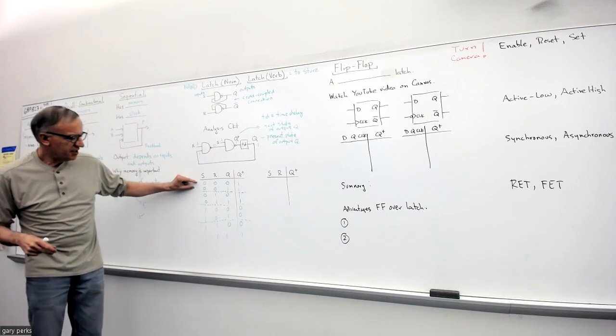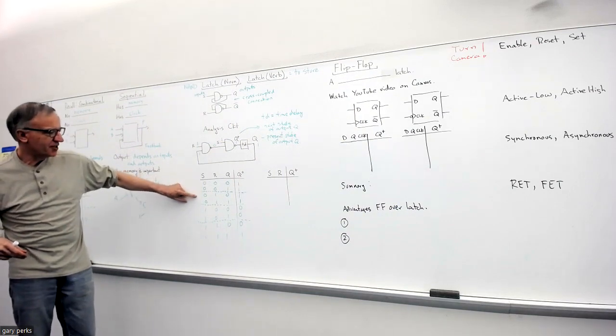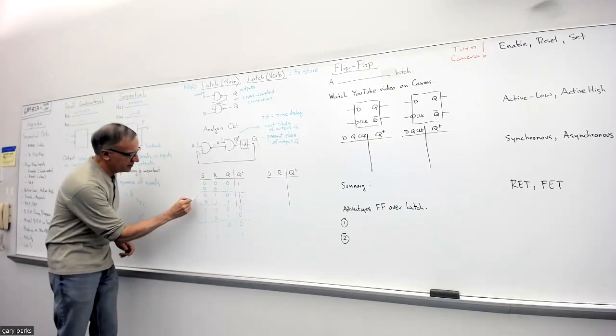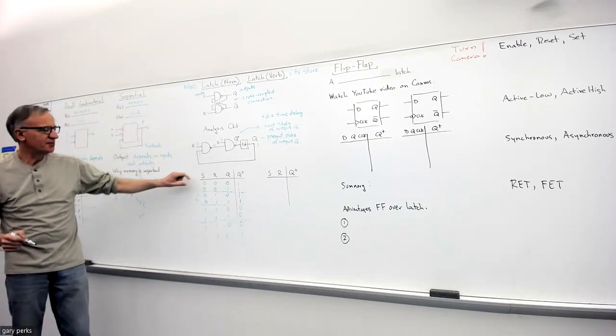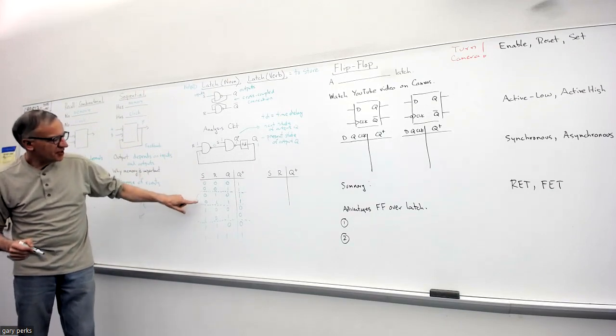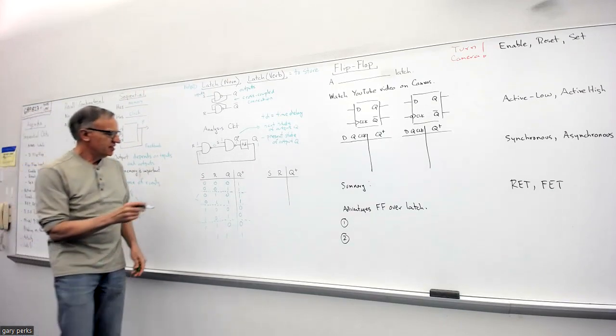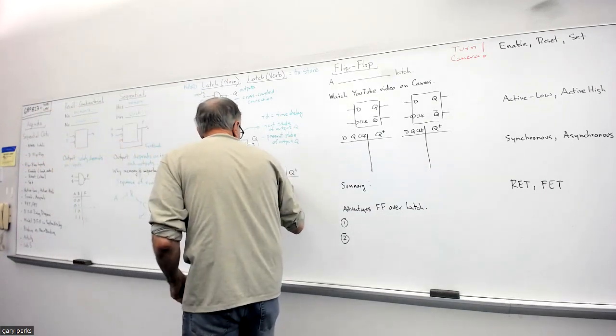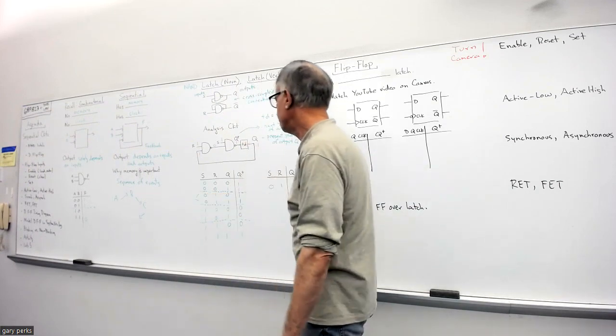So if we look, let's see which one. We're going to start with these two rows here. Okay, you'll see why I'm skipping the top two rows in just a second. So here for these two rows, S is 0 and R is 1.